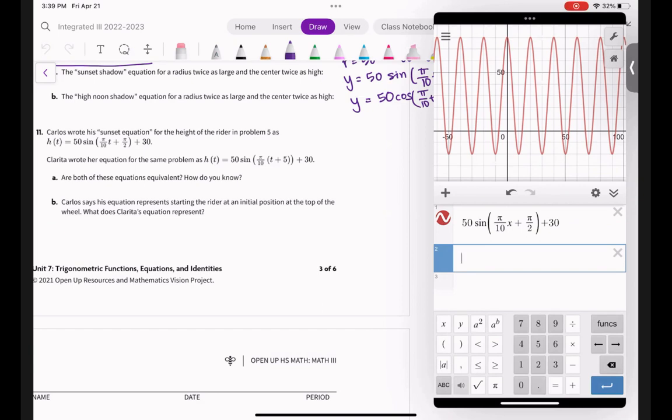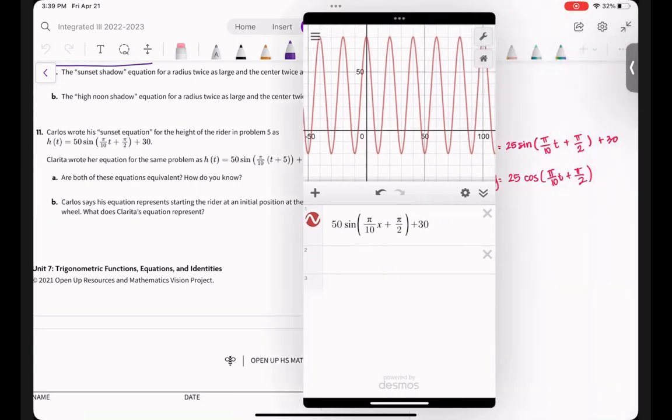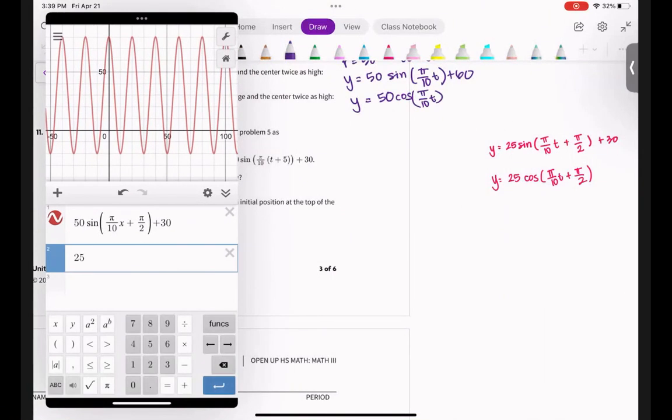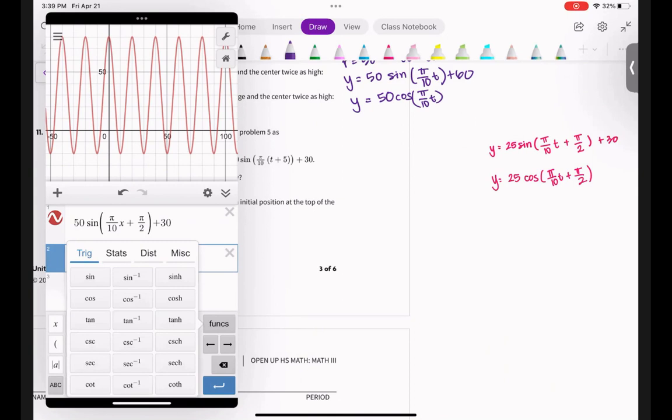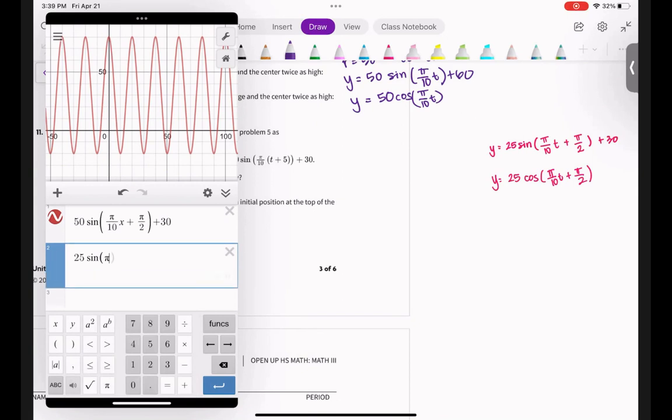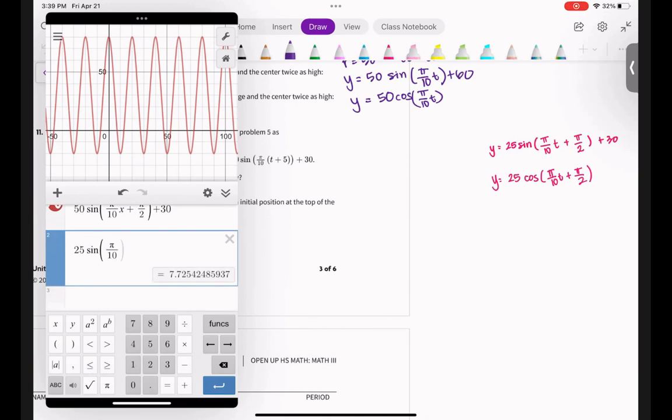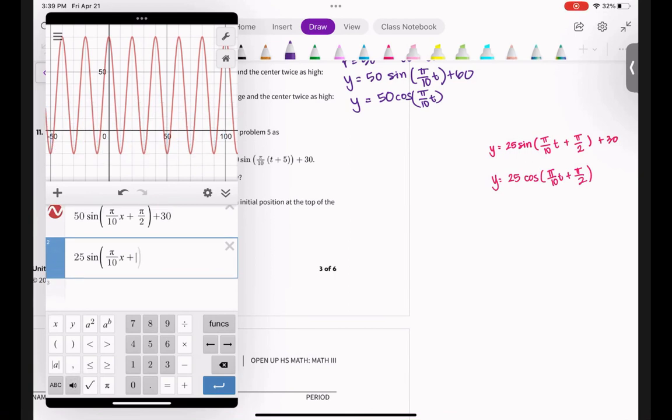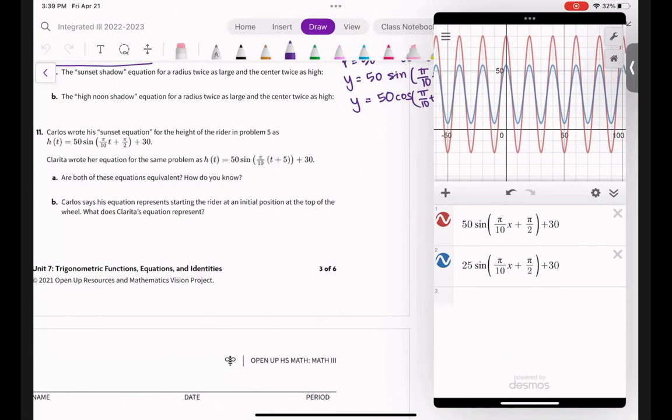And then you want to write this one, and it says my sunset equation. Oh, where's my equation? Oh, there it is. 25 sine. And I just realized I would have just copied. That's okay. So pi over 10t plus pi over 2 plus 30.